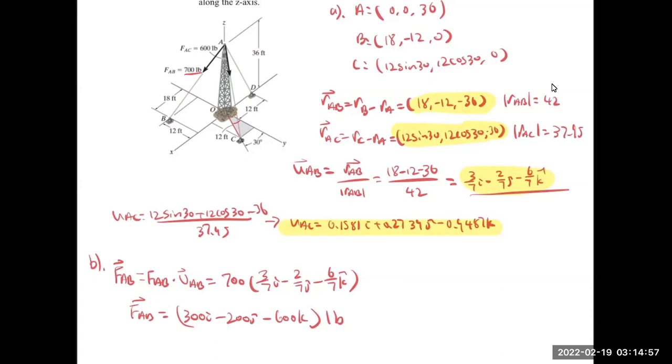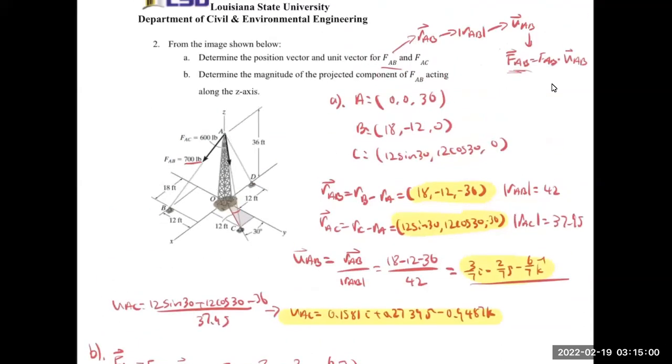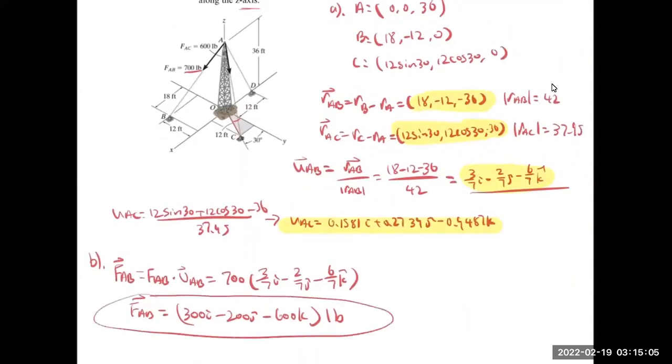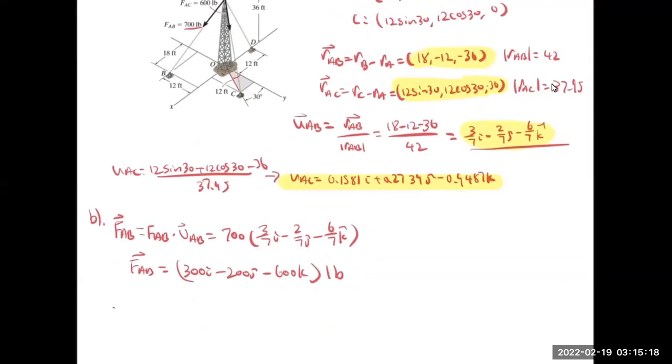Okay, and then next, we haven't done it yet. The problem is the projection along the z-axis. So we have to take this and multiply by the z component, k, which is simply 1k vector. So FAB along the z-axis will be equal to the FAB vector multiplied by k, which is 300i minus 200j minus 600k multiplied by 1k.